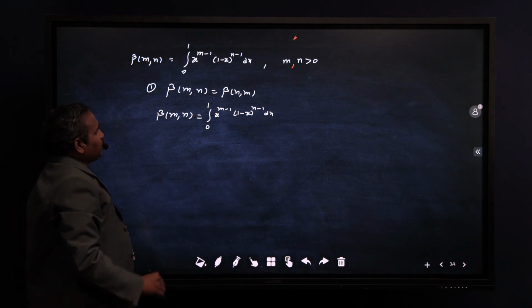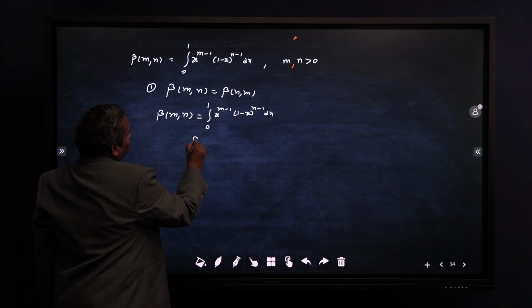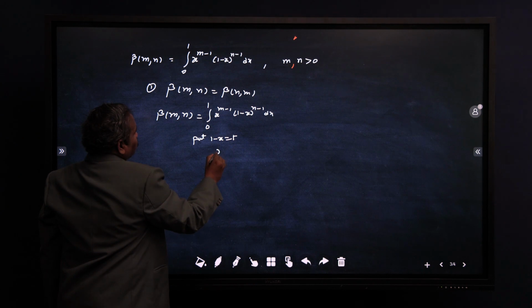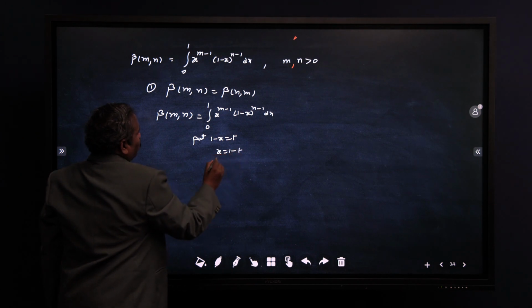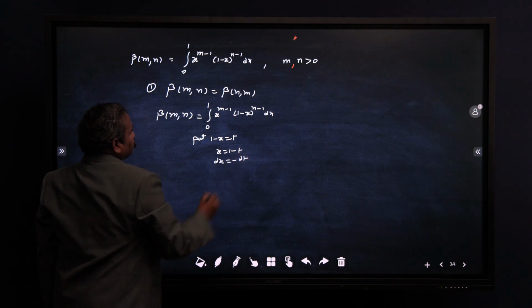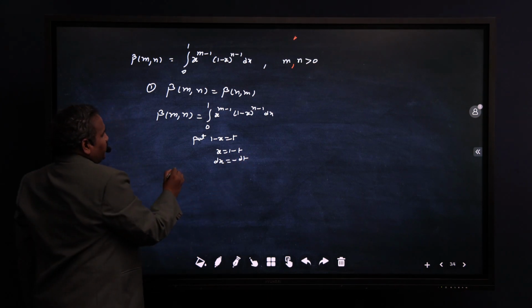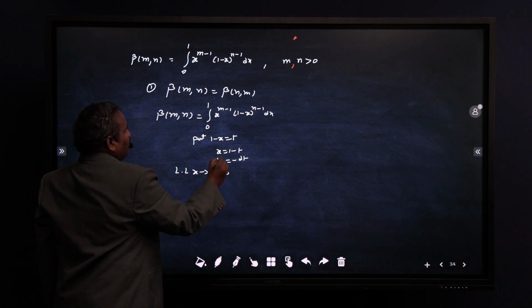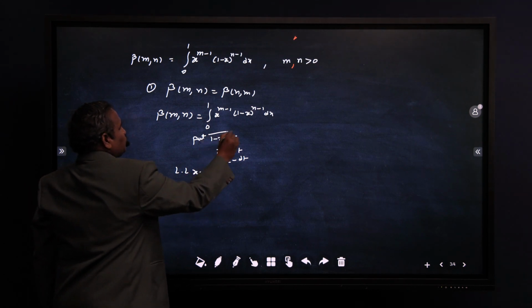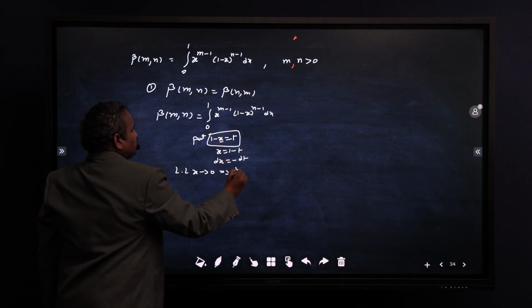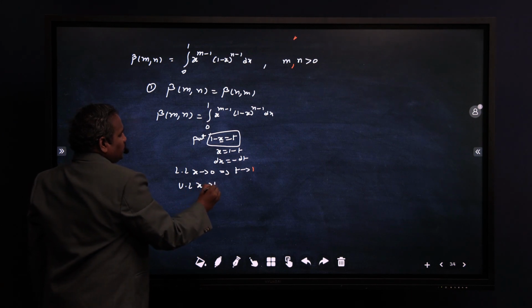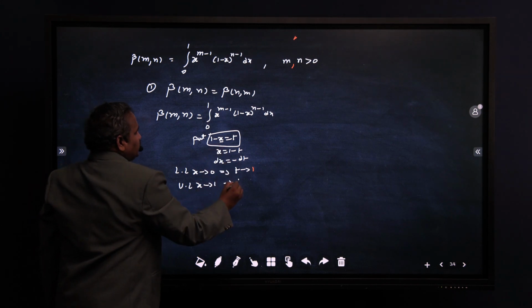Now here we are using the substitution 1 minus x as t. From this x is equal to 1 minus t, dx is equal to minus dt. Lower limit, x tends to 0, then t reaches 1. Upper limit, x is 1, so t reaches 0.